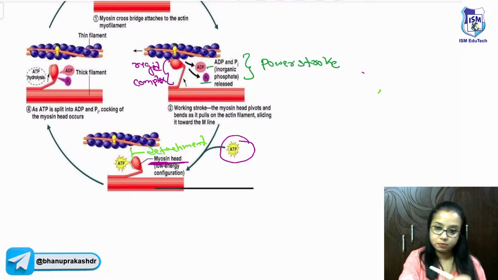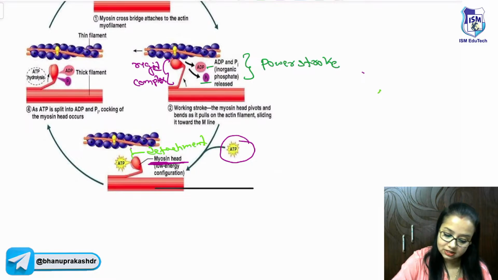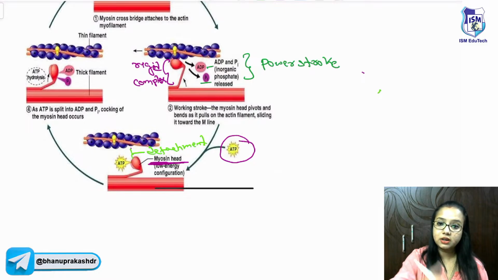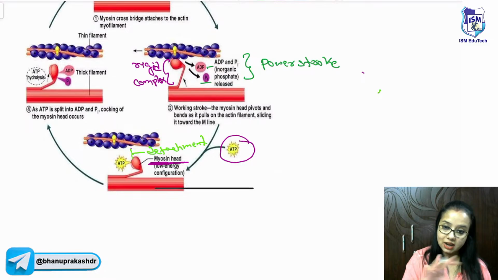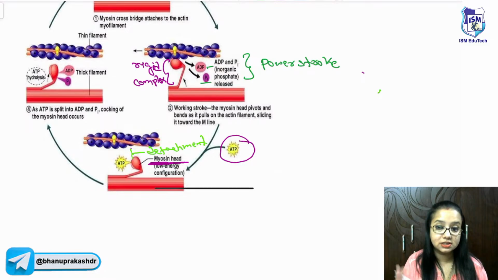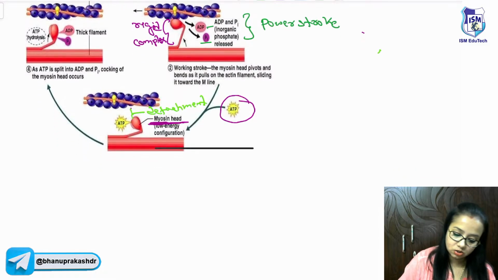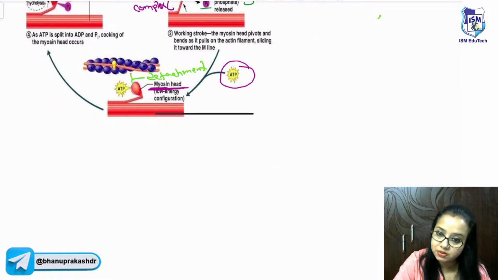The ATP pulls the myosin away from the actin. This is how the myosin is brought back to the low energy state, because when ATP is bound to myosin, it is a low energy state. When ATP breaks down and dissociates, it is the highest energy state. Like that, the relaxation happens, and the next cycle resumes.